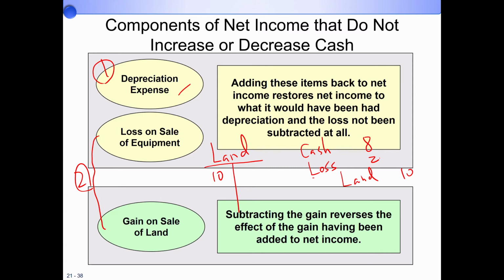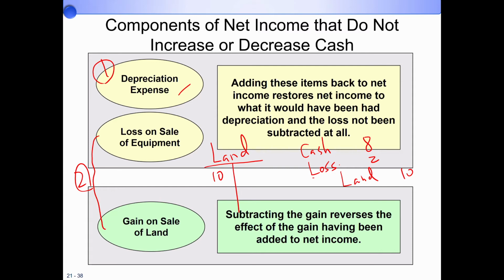But remember, we didn't make an additional payment for the loss, not like a regular expense, for example salary expenses, where we need to pay cash to the employees. This loss is a special expense. For this loss on sales of land, we didn't make payments.